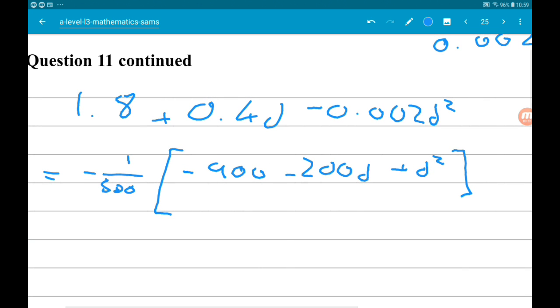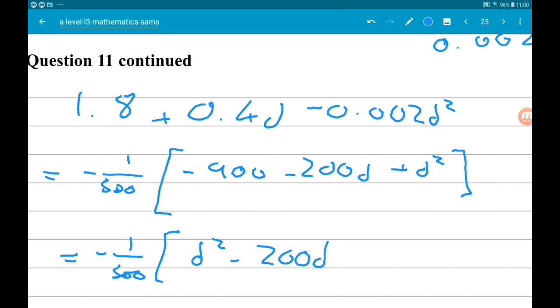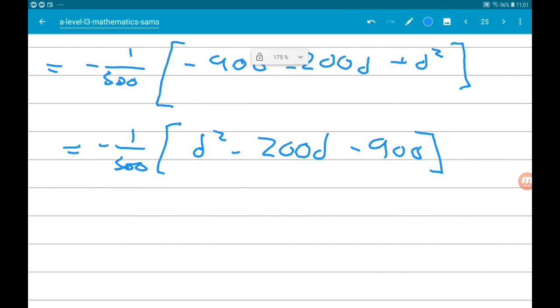Now if we write that in descending powers of d, we have d squared minus 200d minus 900. Okay, so now inside of the square brackets we can complete the square.